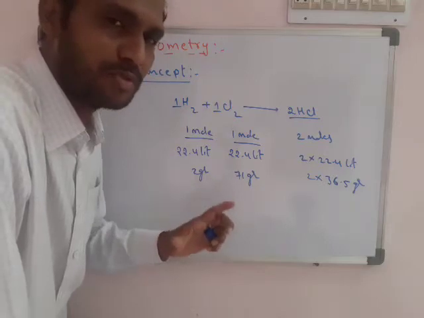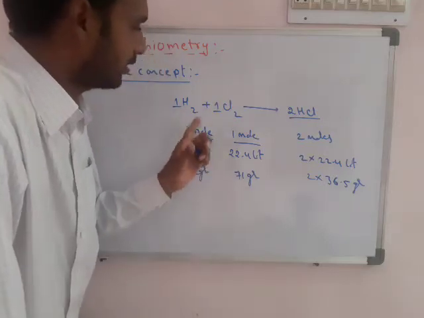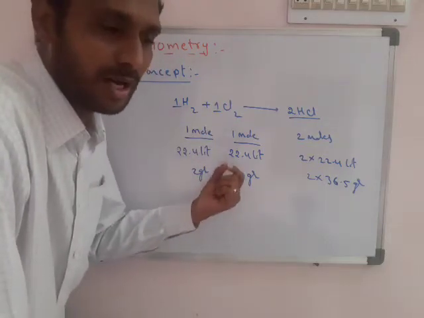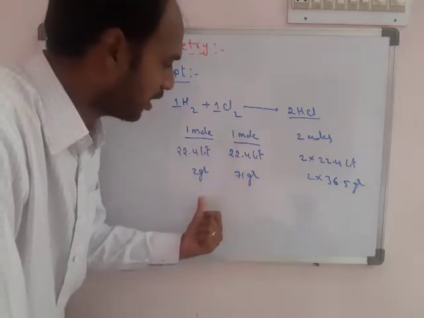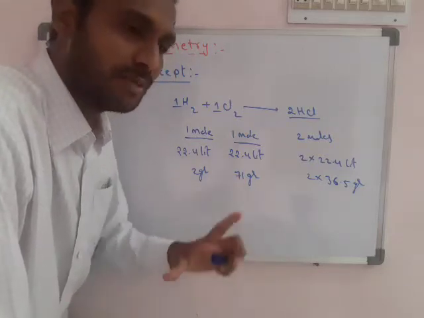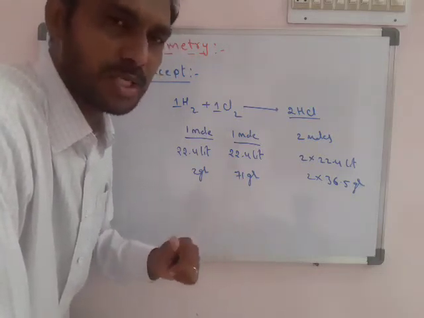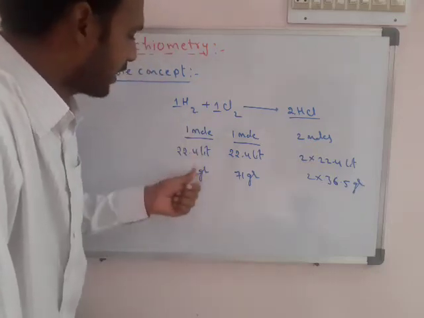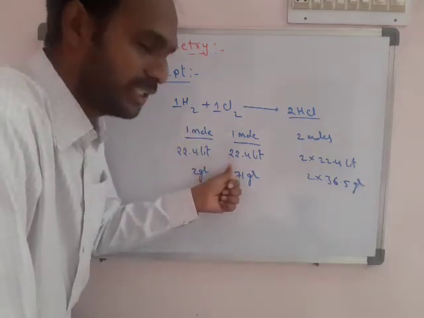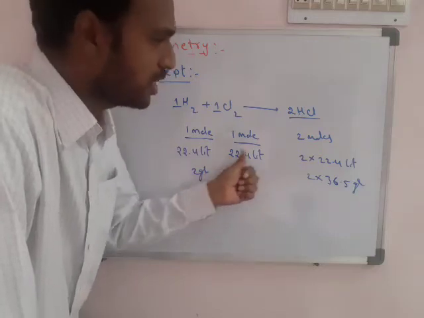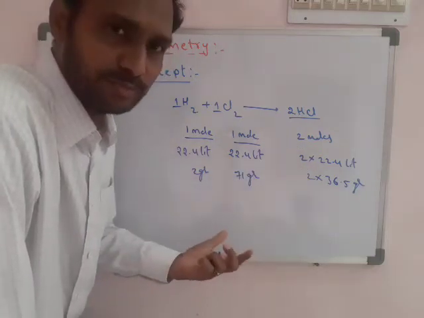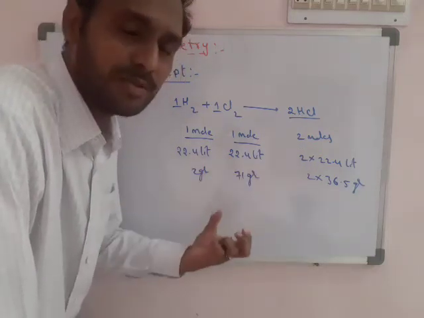So like this we have to compare the number of moles, or the volumes, or the masses. Sometimes the mixing of these concepts also takes place. For example, one quantity may be given in grams, another in liters, another in moles. They may be in similar terms or different terms.